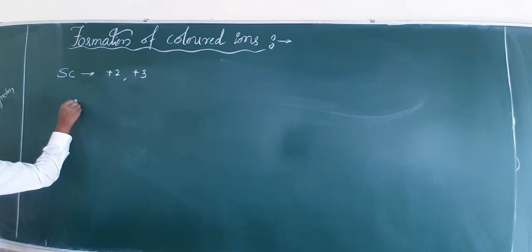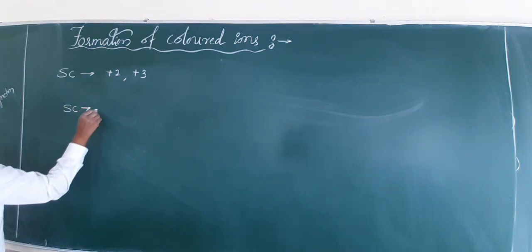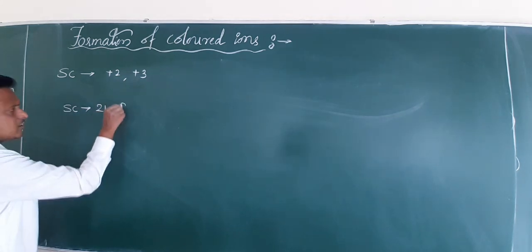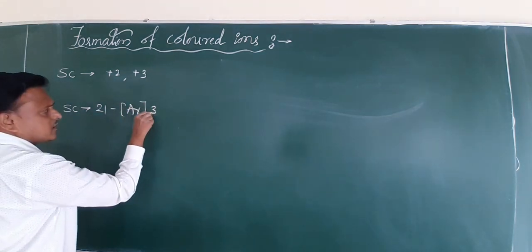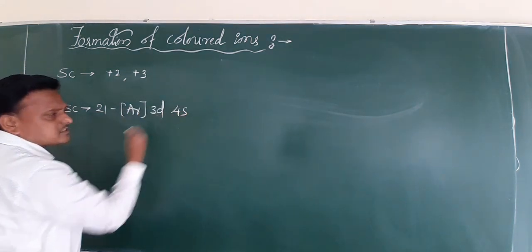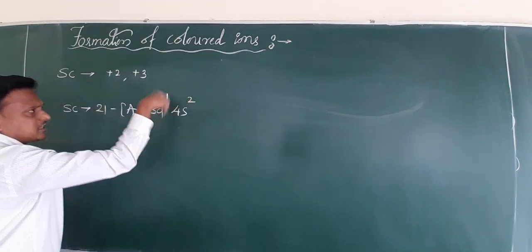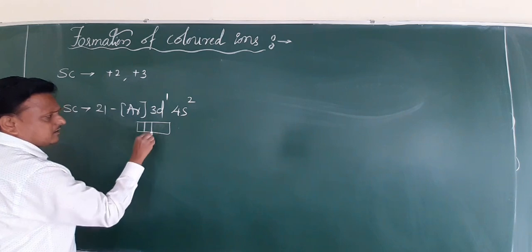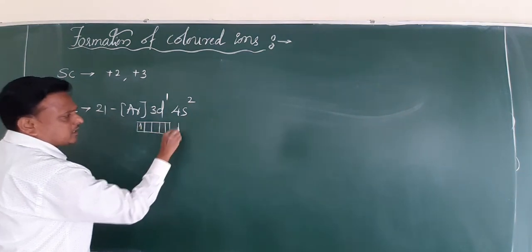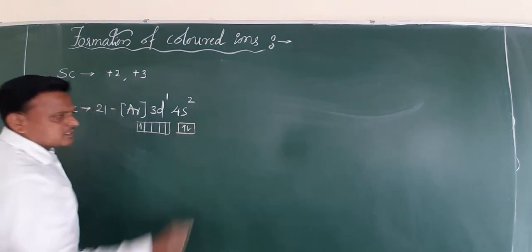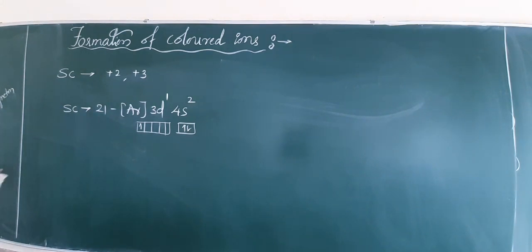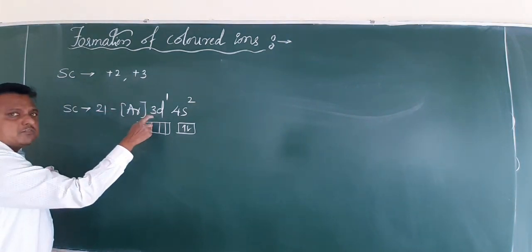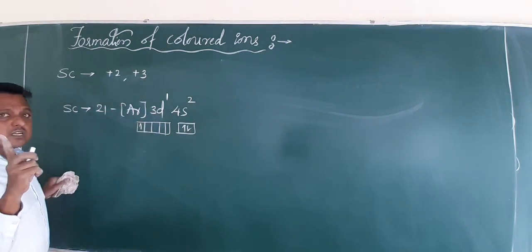Let us begin with scandium. Atomic number is 21. Electronic configuration: argon 3d1 4s2. In the d orbital it has only 1 unpaired electron, and the s has 2 electrons. Due to unpaired electrons, they can show colors.